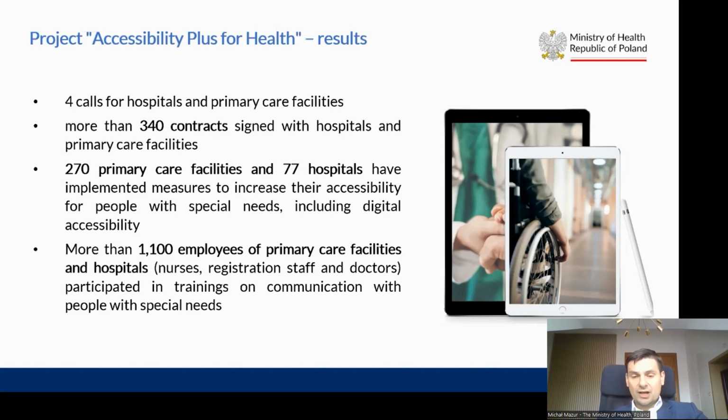And more than 1,100 employees of primary care facilities and hospitals, for example, nurses, registration staff, and doctors, participated in training on communication with people with special needs.